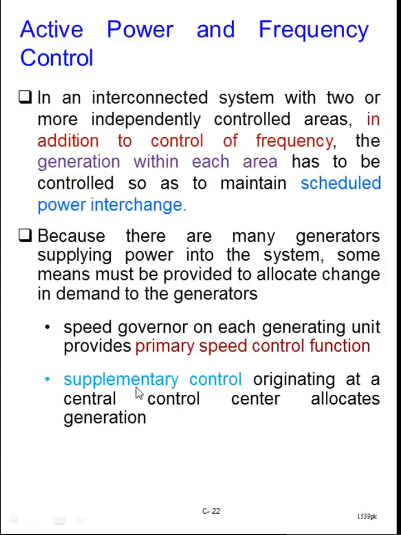It will be only on selected generator units, and it could be for large generators in a given area. The outer loop, the secondary control loop or the supplementary control loop, will be at the central control center, which will allocate the amount of power generation to a selected generator. So the supplementary control loop will be only on selected generators among the several generators in the system.